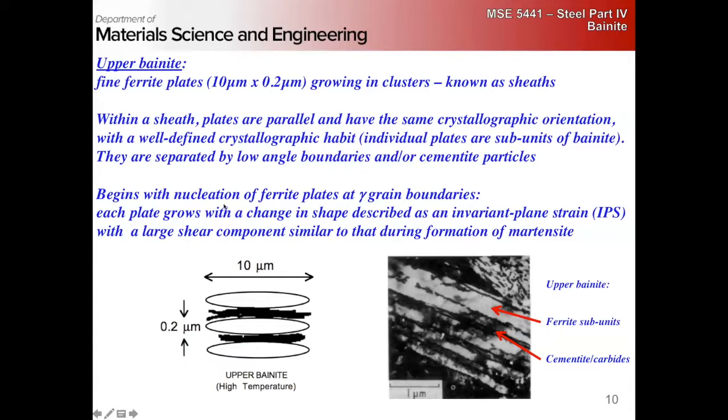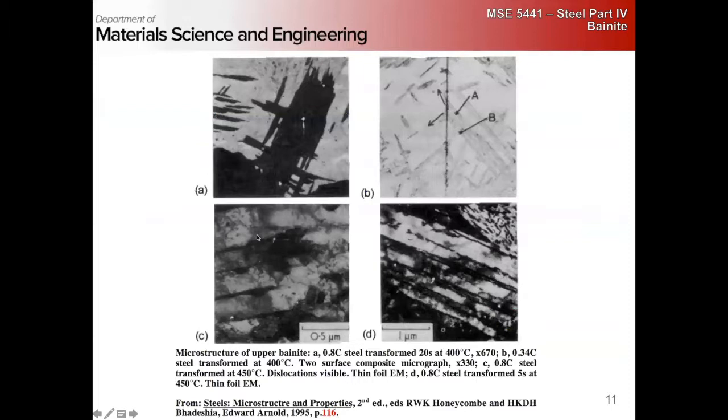So upper bainite begins with nucleation of these ferrite plates at the gamma grain boundaries. Each plate grows with a change in shape that has this invariant plane strain and a large shear component. That's very reminiscent of what we're going to talk about with martensite. And here are just some different microstructures. We can see the individual plates with the carbide particles in between.